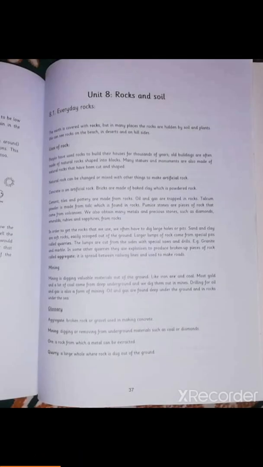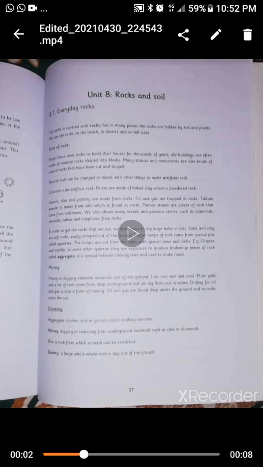It is spread between railway lines and used to make roads. So we can sometimes take out the rocks by cutting them with machines that have special saws and drills. And sometimes we actually need to create an explosion in order to get the rocks out of the ground.